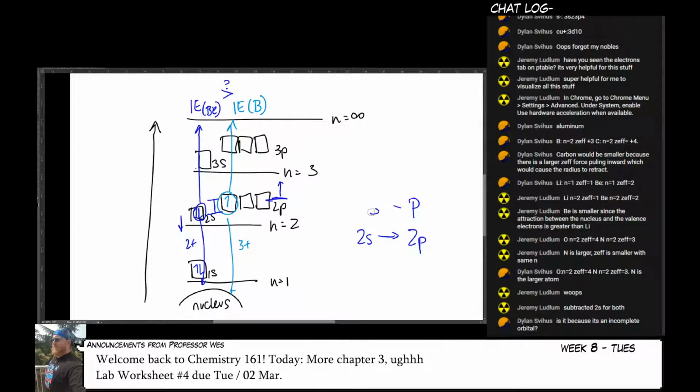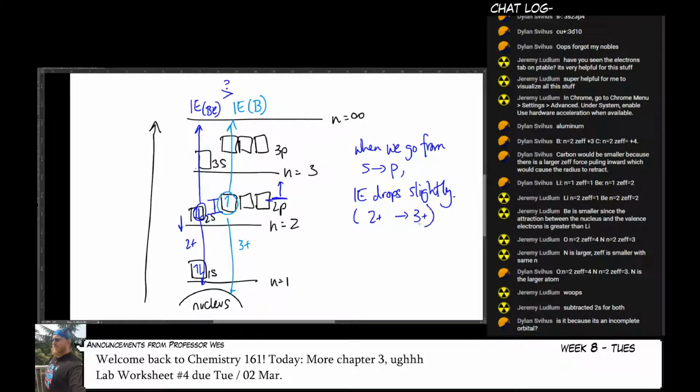So what we care about here is that when we go from S to P, within an N, the ionization energy drops slightly for that transition. And so this is going to be from the 2 plus ZEffective to 3 plus ZEffective.